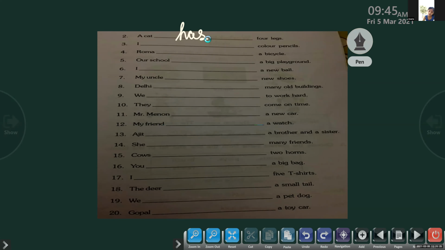I dash color pencil. With I, what do we use? Have. Very good. Always keep in mind that we must use have with I. I have color pencil. Okay. Thank you, Azaria. Good effort.